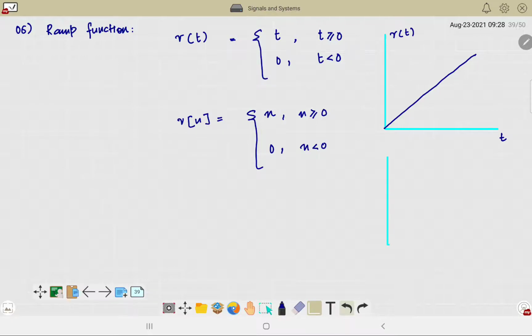So in that case, it will be only the samples. So this is n, this is r of n, like this. 0, 1, 2, 3, 4, 5, and so on.